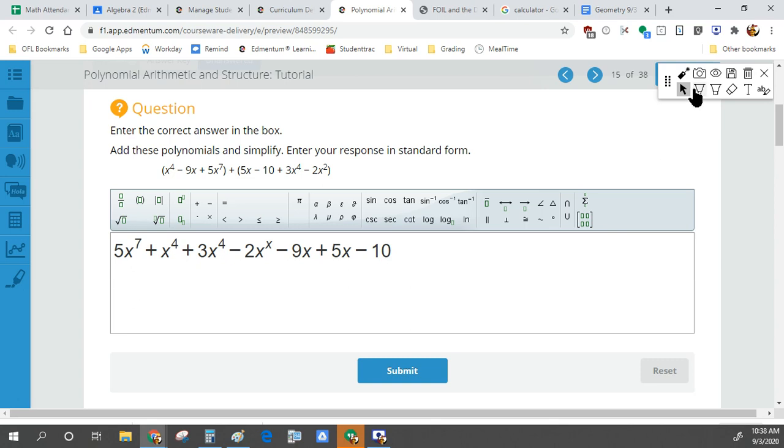From here, what I'm going to do is I'm going to combine my like terms, so these two, and oops, I did a power x. How come you guys didn't tell me about this power x? There we go, power 2. All right. And I'm also going to combine these two, and I'm going to show that in my next step.